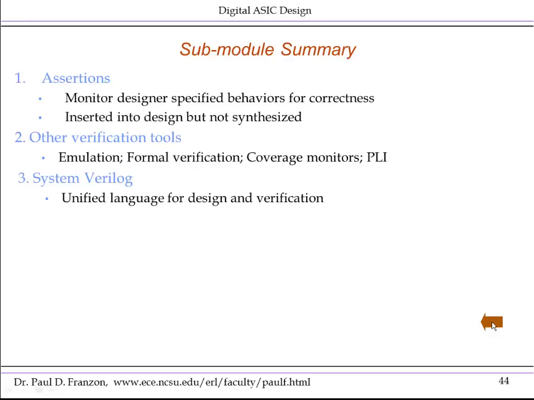Talked about verification tools, including emulation, in which you emulate the design on an array of FPGAs, and formal verification, where you use mathematics to prove that two designs are equivalent. Finally, I talked about System Verilog, which is a unified language for design and verification, and the subject of another class here at NC State. So that brings us to the end of this verification module.